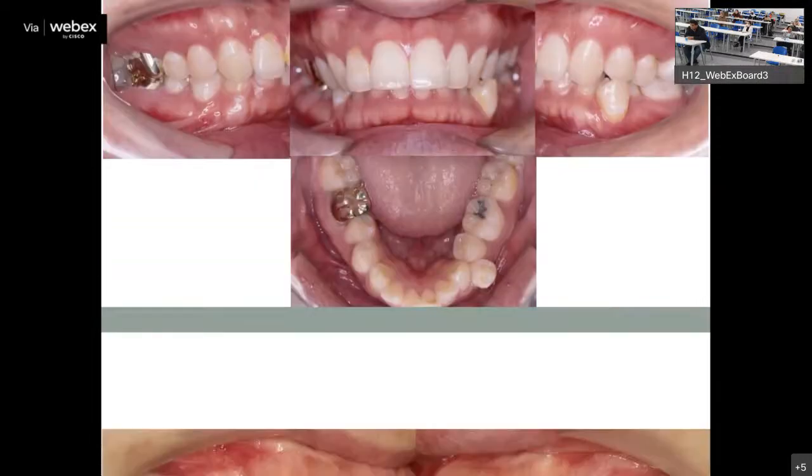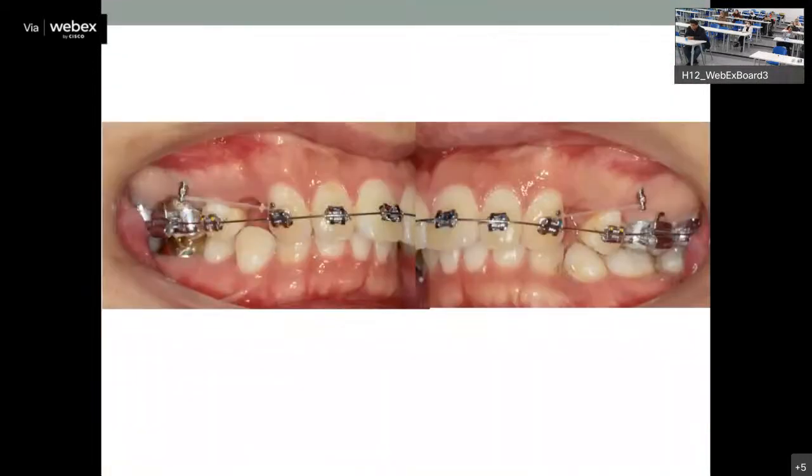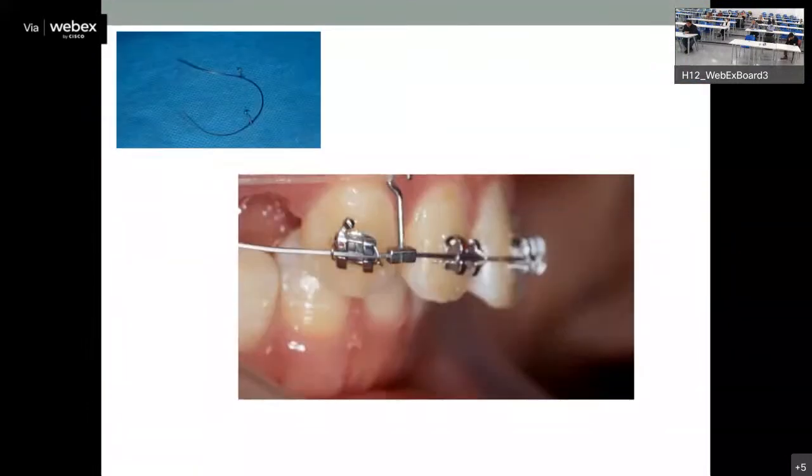So the plan was, after extraction, to insert microscrews in the upper arch between the second premolar and first molar, then to apply force. Look at the direction of the force here. Because of the deep bite, it has two components, vertical and distalization. Once we reached the stainless steel arch wire level, we inserted a stainless steel arch wire with a bite opening curve, or accentuated curve of Spee.